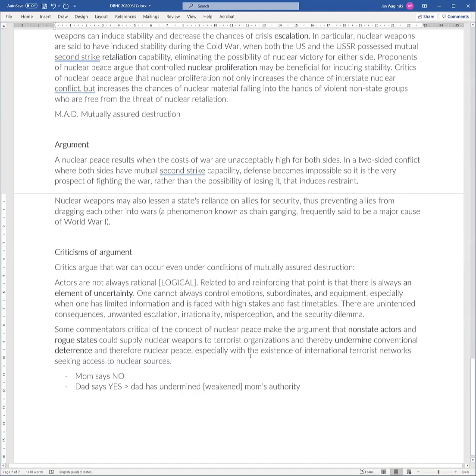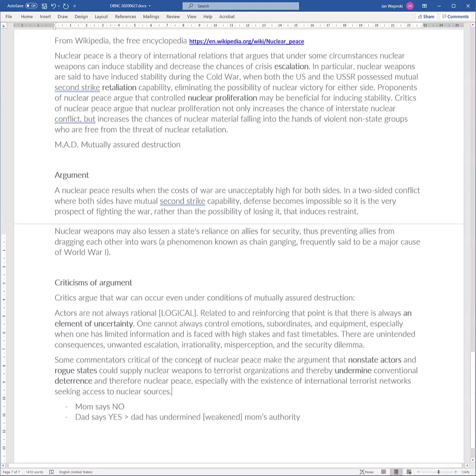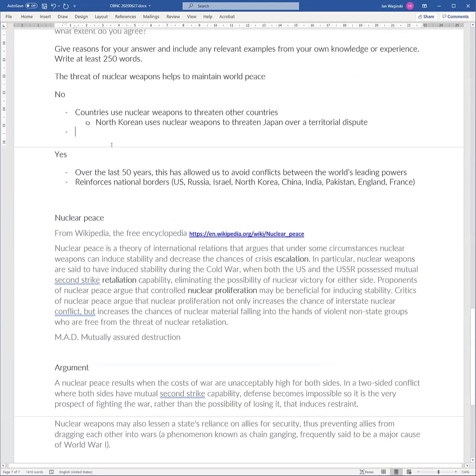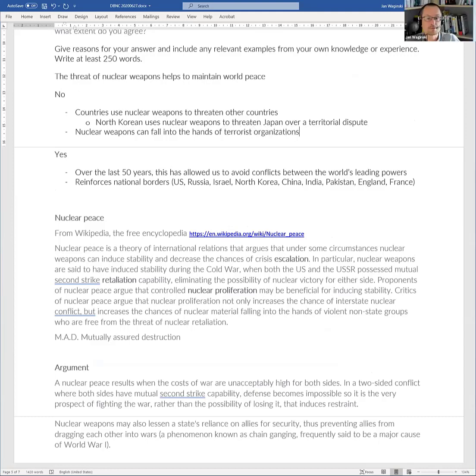It could be part of another one, like terrorist organizations. So nuclear weapons can fall into the hands of terrorist organizations. Especially when states fall.